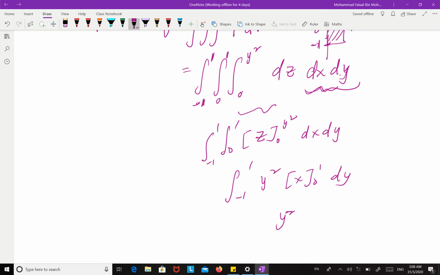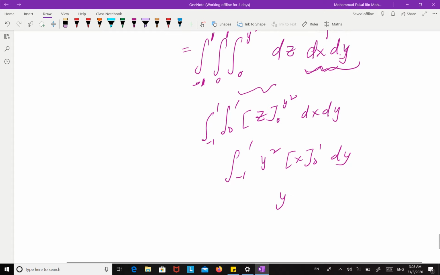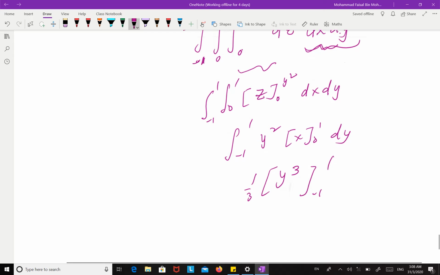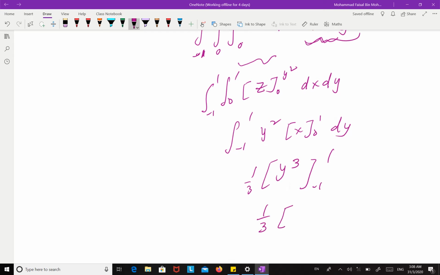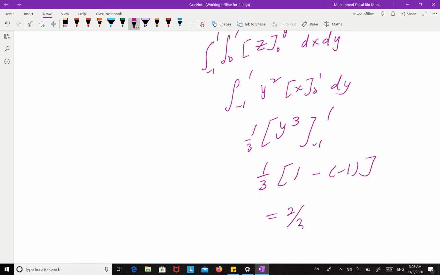Then you have y cubed over 3, integrate again, get y cubed over 3 from -1 to 1, then you have 1 over 3, 1 minus negative 1, then you have 2 over 3.